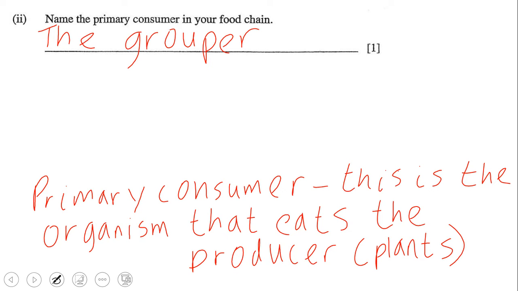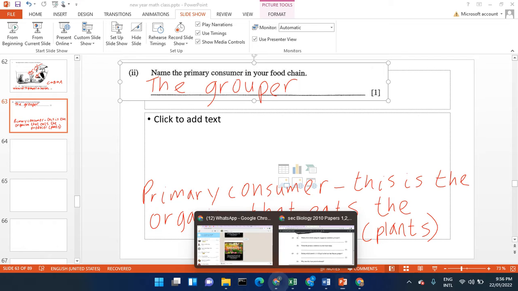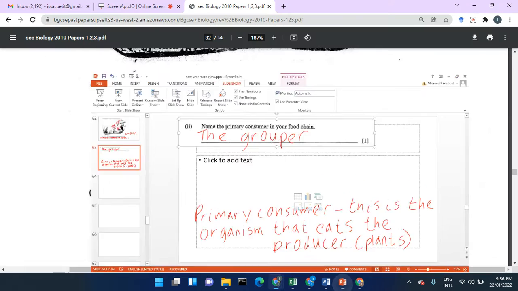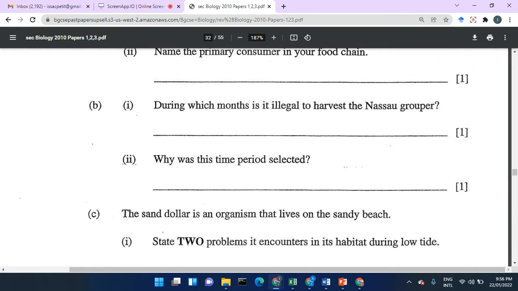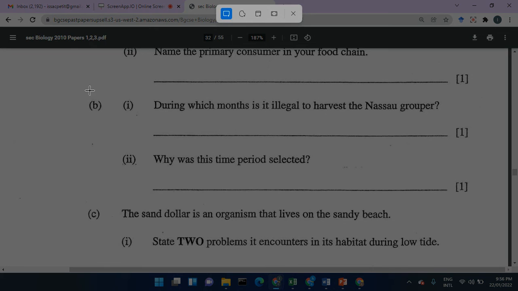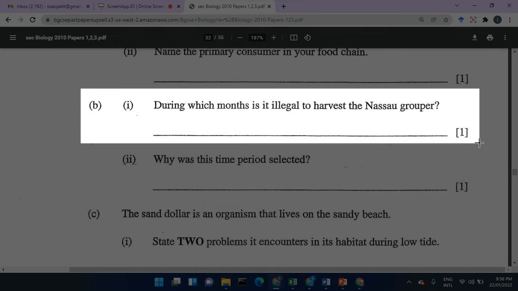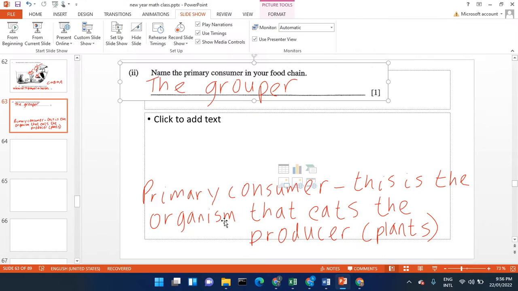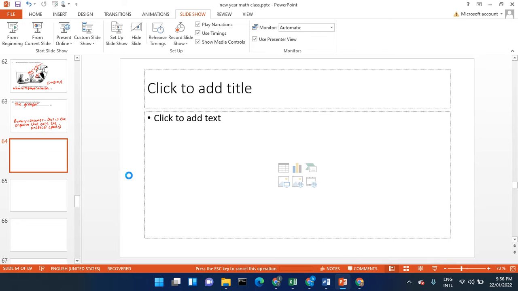Moving right along. The question states: during which months is it illegal to harvest the Nassau grouper? So let's grab that and put it onto our PowerPoint so that we can write on it.